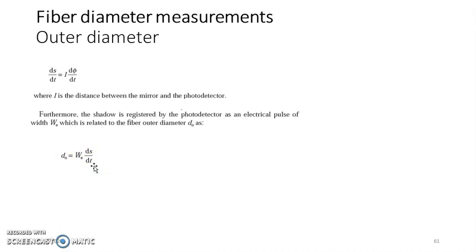Here W is the width of the electric pulse at the photo detector. Thus the fiber diameter is determined and recorded on the printer. The measurement speed is largely dictated by the inertia of the mirror rotation, and its accuracy by the rise time of the shadow pulse. That is about your fiber outer diameter measurement.